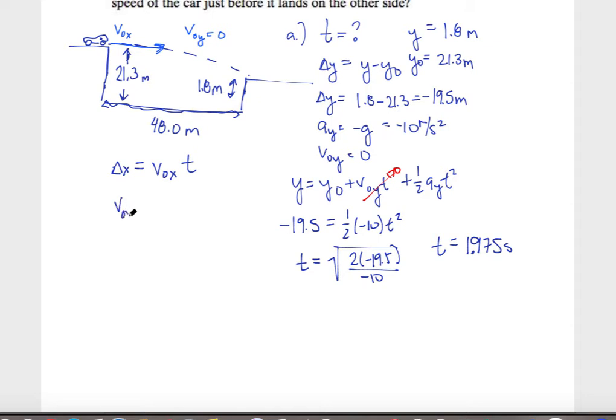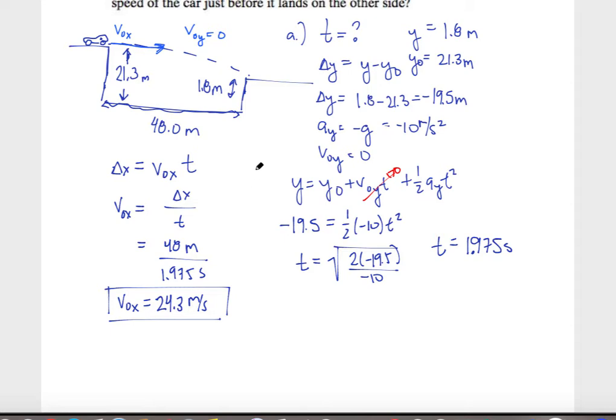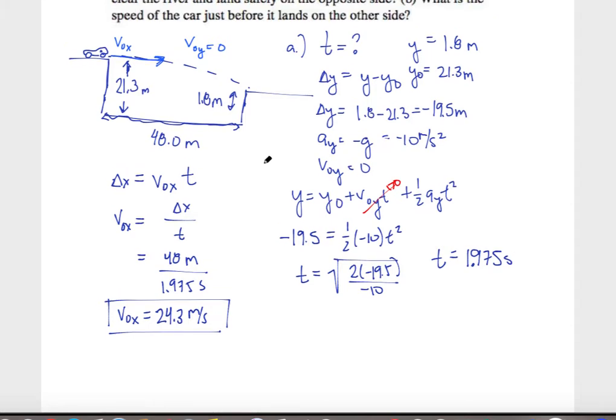So if I want to solve this for my v naught x, I'm going to have delta x over t, which in this case is just going to be 48 meters over 1.975 seconds. So my initial x velocity, and therefore my initial speed, must be 24.3 meters per second. And that's the speed the car must be going as it leaves the side of the road.